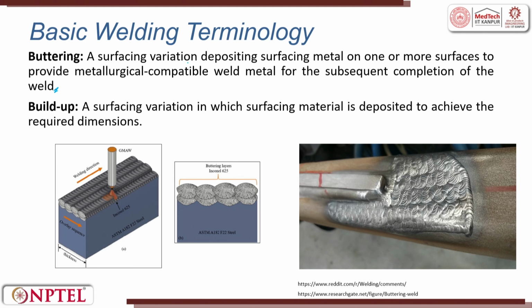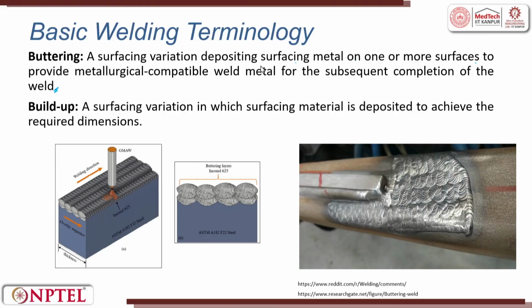For example, you have an A metal and a B metal, and something is going to sit between these two. Now you give a buttering on top of it, a surface deposition of metal on one or more of the surfaces to provide metallurgical compatible weld metal for the subsequent completion of the weld. That is called buttering.